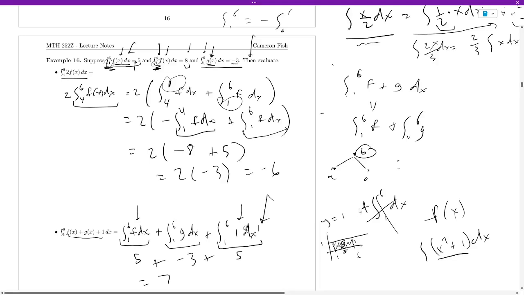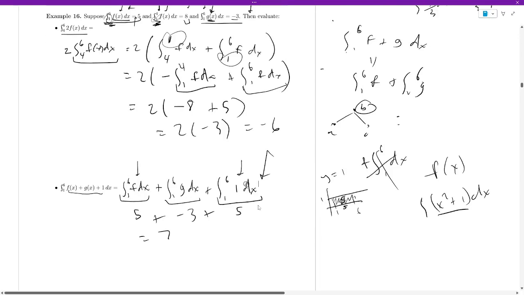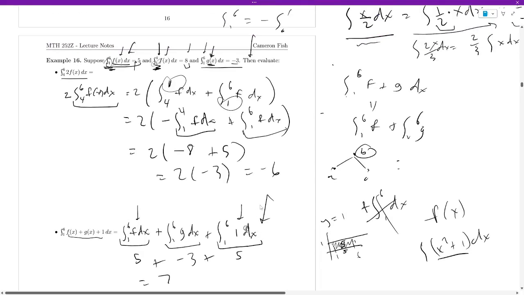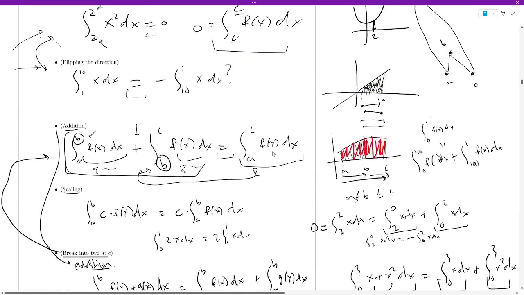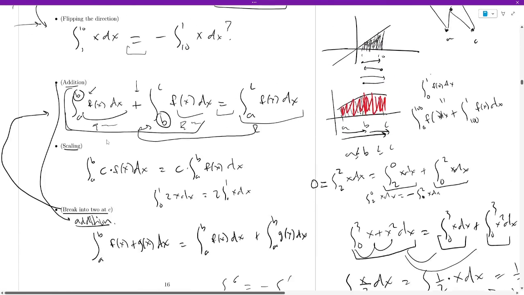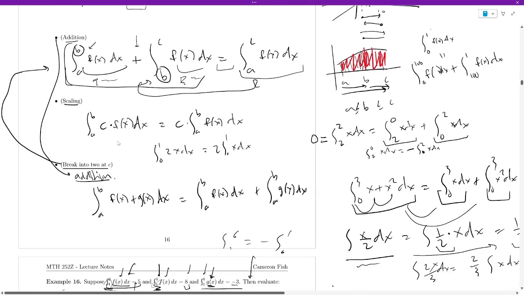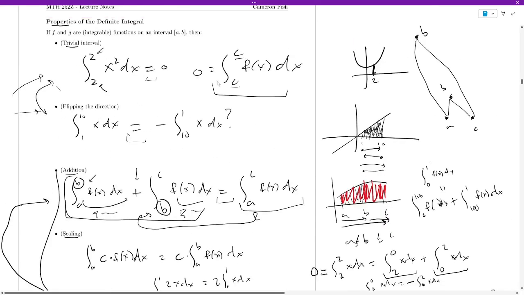Very soon, there will be other ways to do that integral as well. Cool. The main logic here was using these various rules: breaking it up with a third middle number, c, scaling, addition. And we didn't end up using the trivial thing, but we did use flipping the direction.